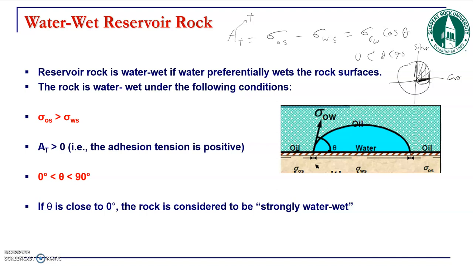If adhesion tension is positive, it means that sigma OS is greater than sigma WS. So in this case, you have a water wet reservoir. For water wet reservoirs, the contact angle is between 0 and 90, and the interfacial tension of oil solid is more than the interfacial tension of water solid.